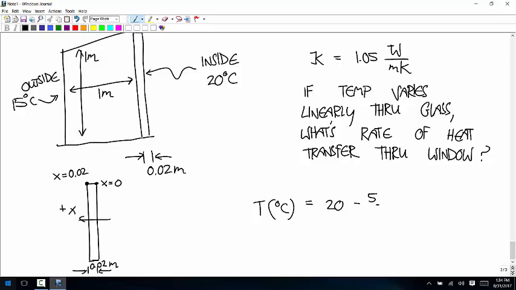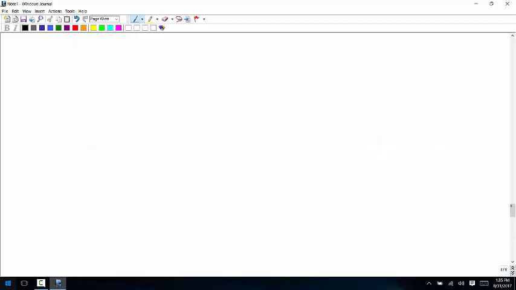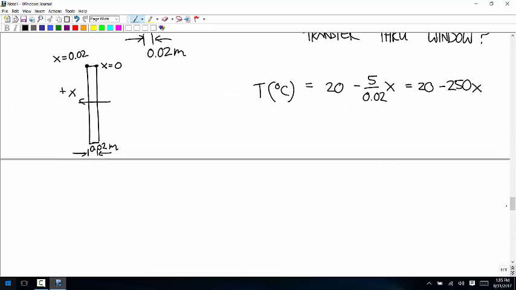So we have negative 5 divided by 0.02 times x, or 20 minus 250x. And so dT/dx is just negative 250, which you could also think of as the change in temperature over the thickness. I'll call the thickness L.